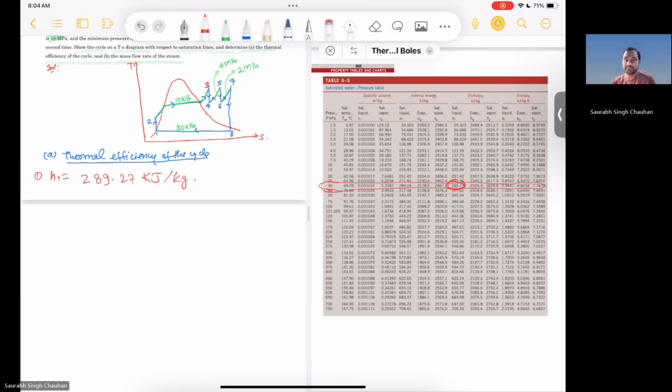And the specific volume at this point is 1.001022 meter cube per kg. Okay.